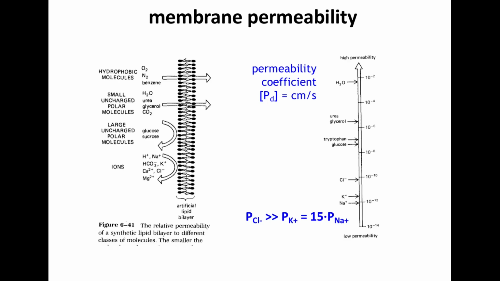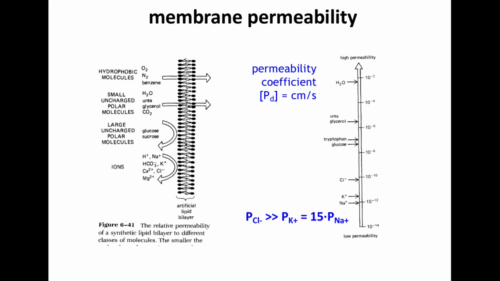High permeability we obtain for small uncharged or polar molecules. For larger, yet still uncharged molecules like glucose, the sugars, we will find typical permeabilities in the order of 10 to the minus 6 to 10 to the minus 8 centimeters per second. Yet charged substances, and in particular ions, are hardly permeable.